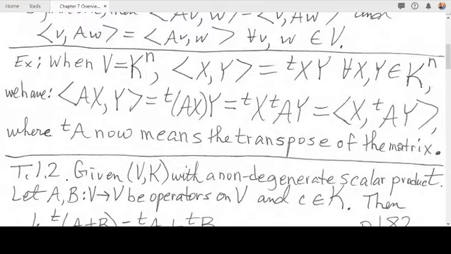So now when you input that into the scalar product, you get the scalar product of AX with Y by definition equal to the transpose of AX times Y, which, as you've already seen before, is equal to transpose X transpose A times Y, which equals X scalar product with transpose A Y. So here, transpose A means the transpose of the matrix, which you know is just interchanging the rows and the columns.